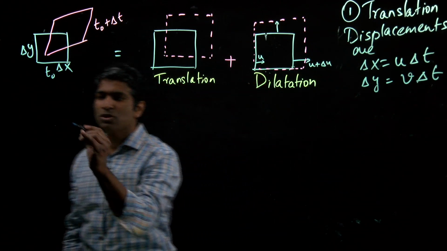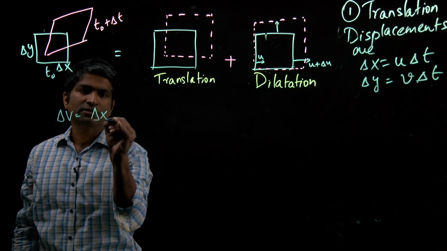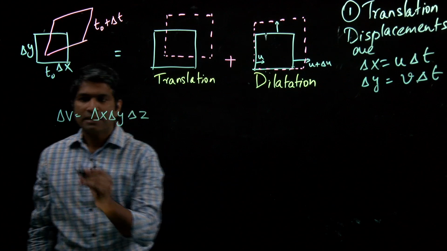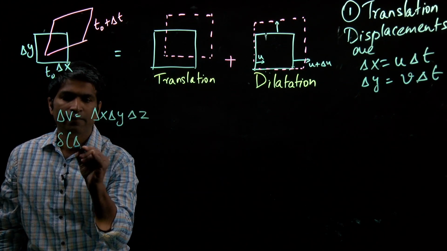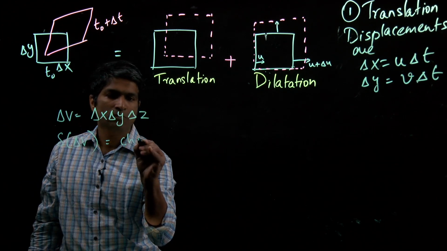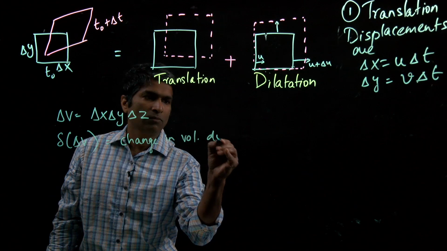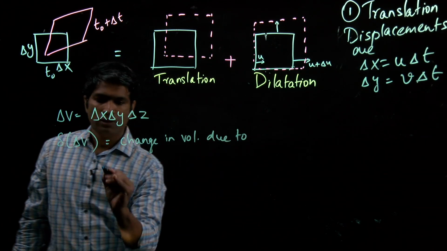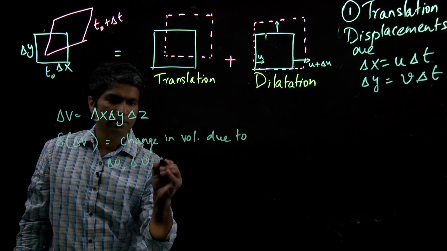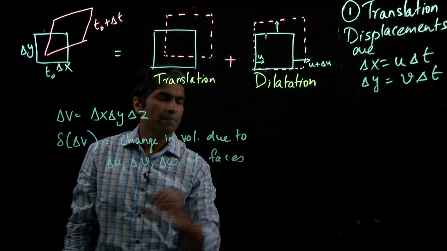So if my original volume delta v is delta x, delta y, delta z, what I'm looking for is a delta delta v. That's the change in volume due to delta u, delta v, delta w at the faces.